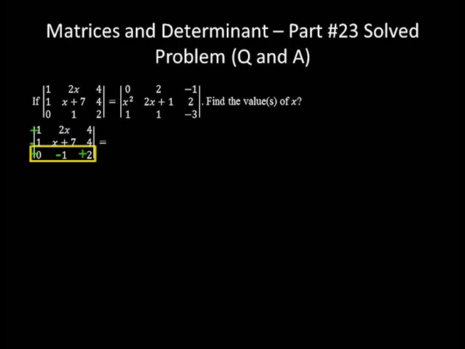The first element chosen as a coefficient is 0, so no need to include it in the calculation because 0 times any number is 0 and adding 0 to any number doesn't change the final result. The second element is 1 with negative sign, thus minus 1 times the determinant of the second 2 by 2 matrix.